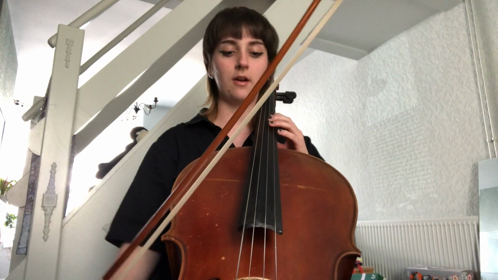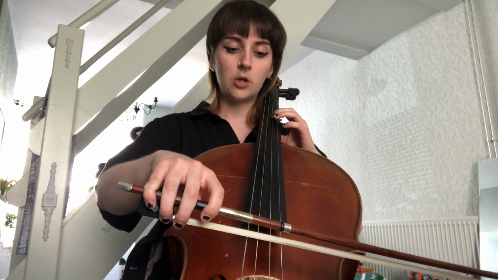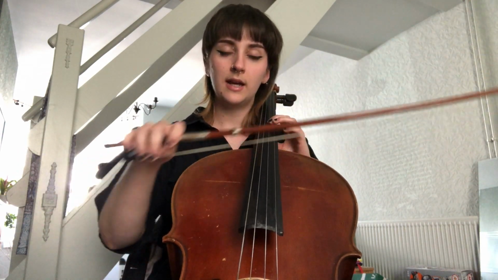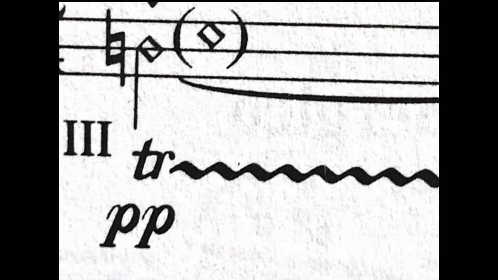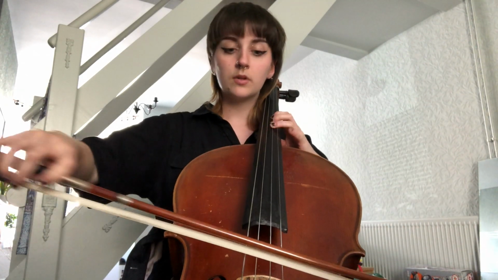I'll give you guys a few more harmonic ideas. So you can do a harmonic trill by having a stopped note and then notating the upper note of the trill as a diamond note head. And you can really increase that effect by playing sul ponticello.